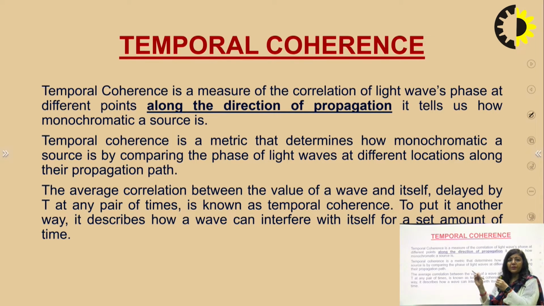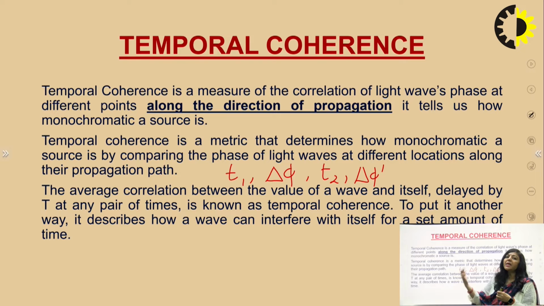If the phase difference between x and y is not changing with time, say the phase difference is delta phi at time t1, and at time t2 the phase difference is delta phi dash, and both phase differences are equal, then you will say there is temporal coherence between x and y. I am repeating it again. You have a light source, from which you get light radiations.